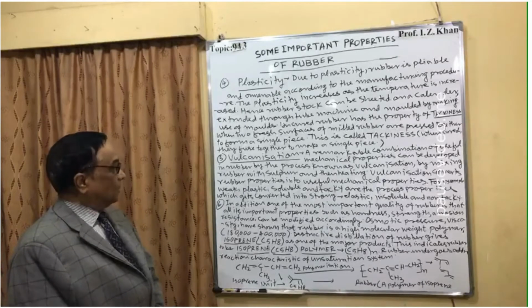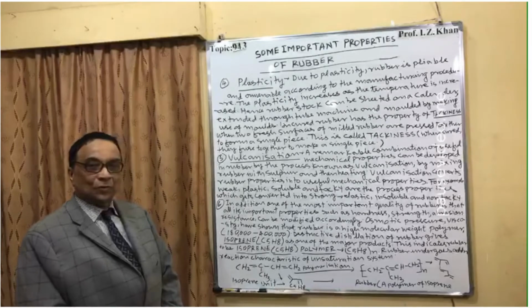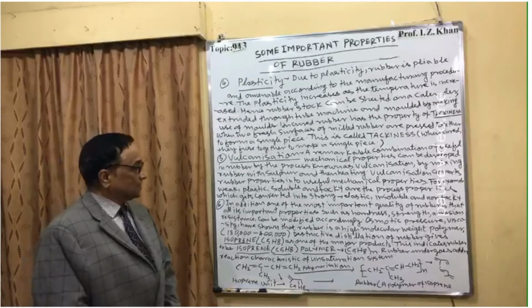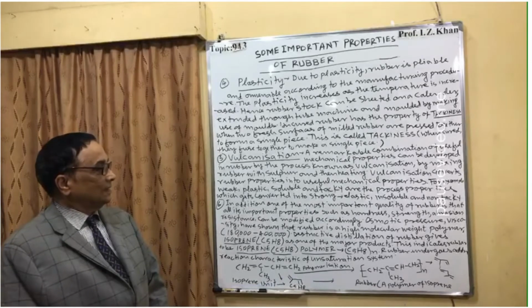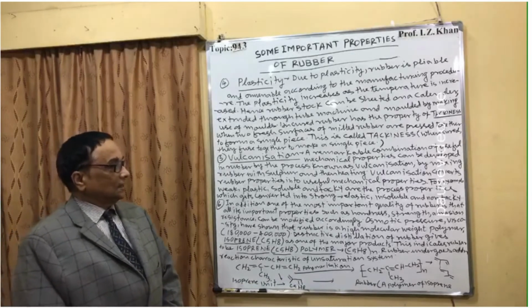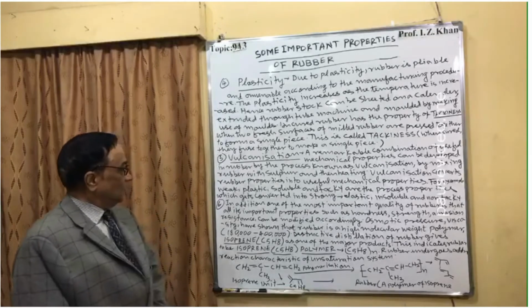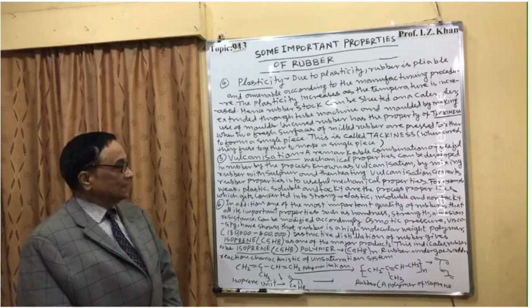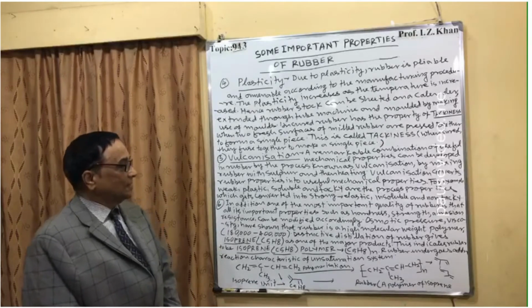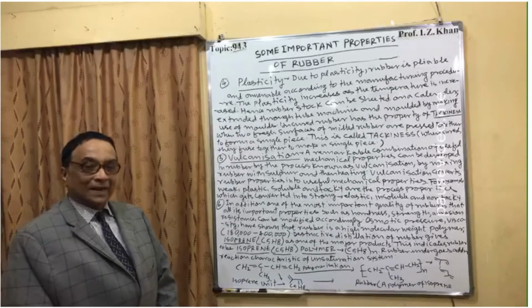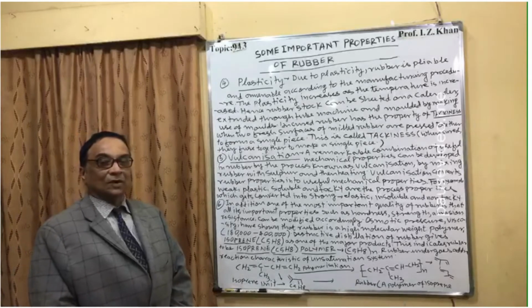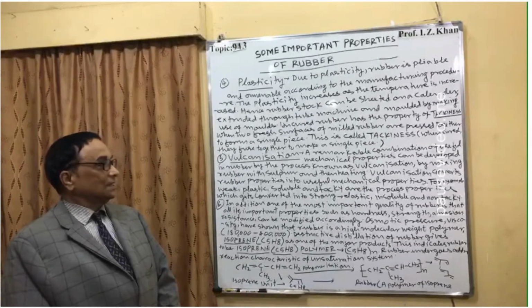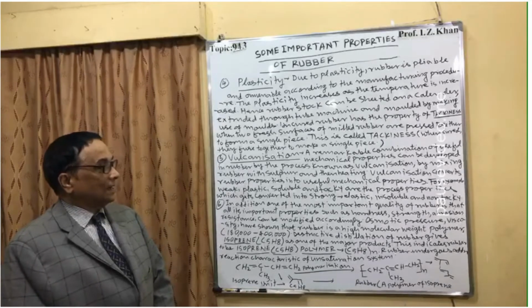Vulcanization converts rubber properties into useful mechanical properties. For example, weak, plastic, soluble and tacky properties get converted into strong, elastic, insoluble and non-tacky. Actually, by addition of sulfur, once it is vulcanized, it will be strong, elastic, insoluble and non-tacky.